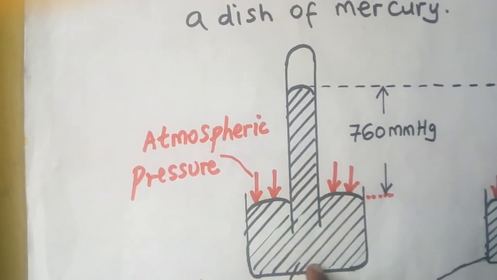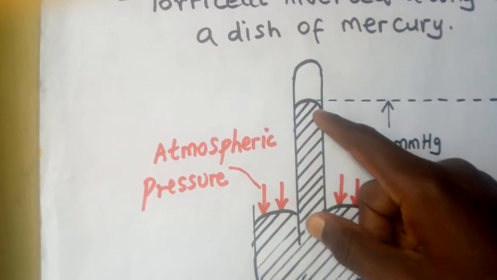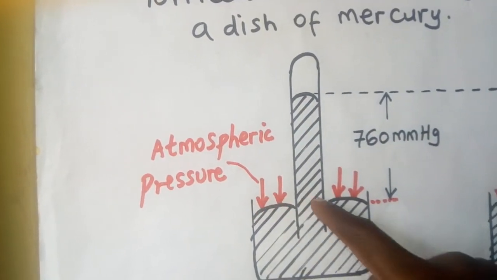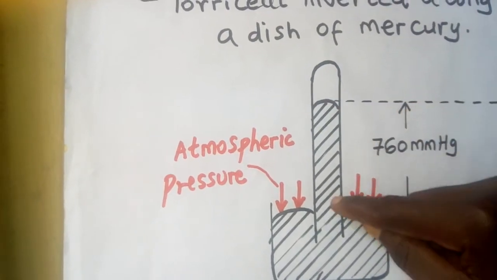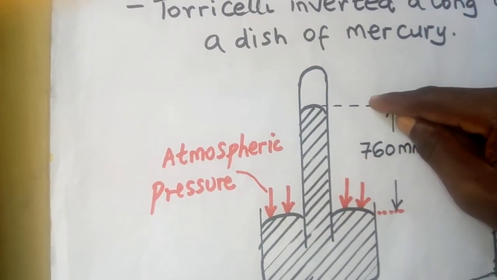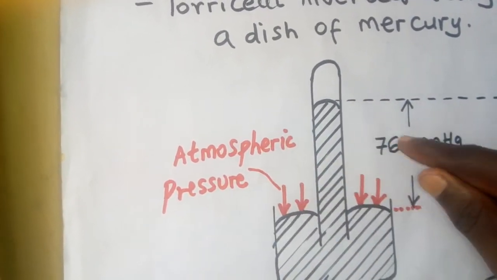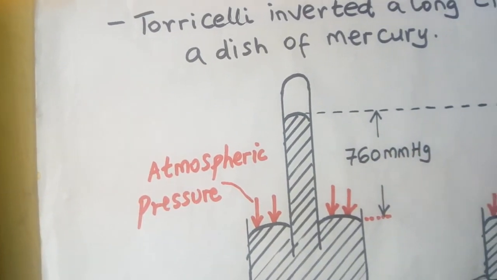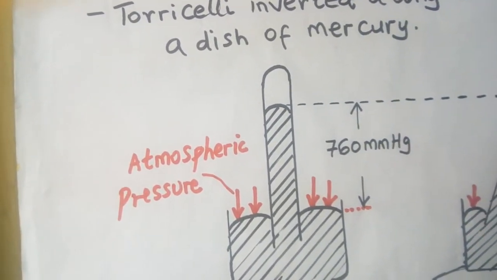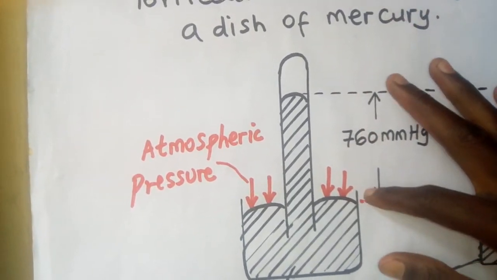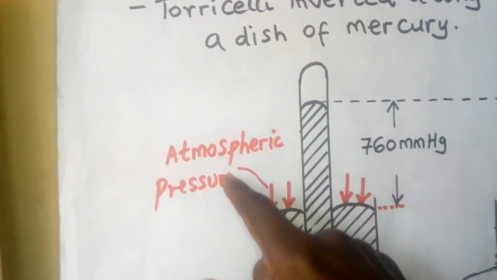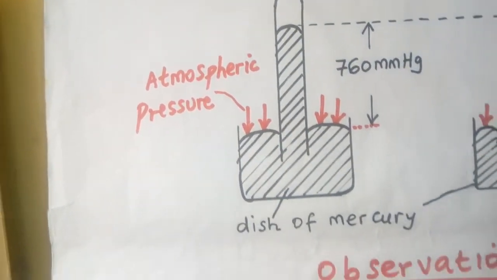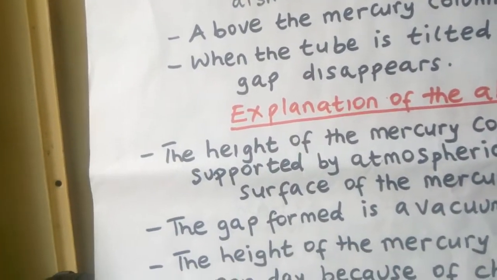There is mercury in the dish, and there is also mercury in the tube. But between the mercury in the dish and where the one in the tube ends, there is a column from here up to here, which is 760 millimeters of mercury in measurement. So this height is supported by atmospheric pressure. In other words, it is the atmospheric pressure causing that height. So that is the explanation for the first one.